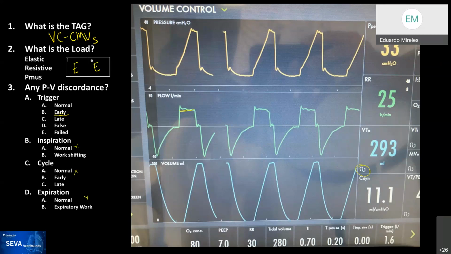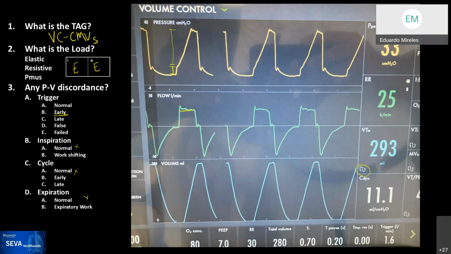The first rise in pressure is relatively small, right? And then you can see, if you look at the difference, this is the amount of resistive load, and after that one, all of this from there to here is all the compliance, all the difference in pressure.